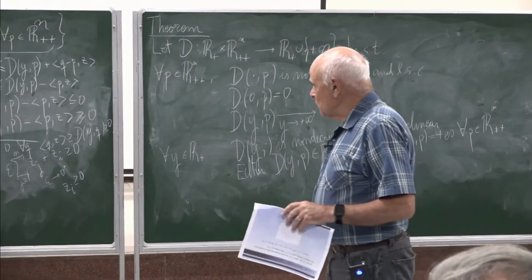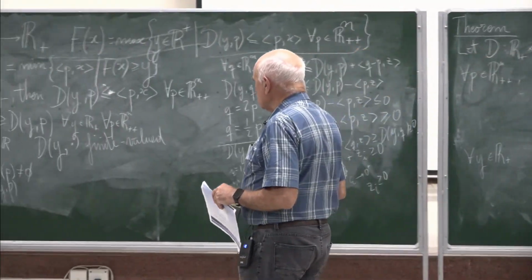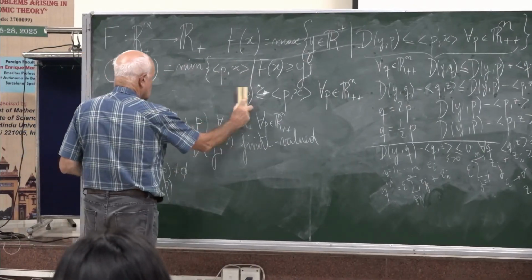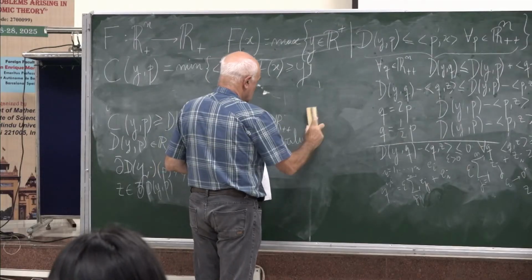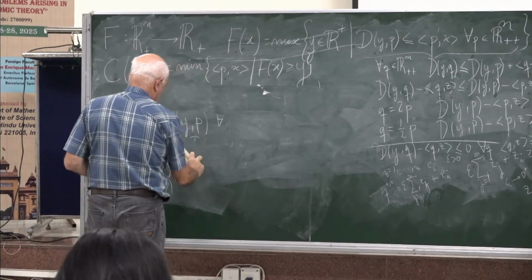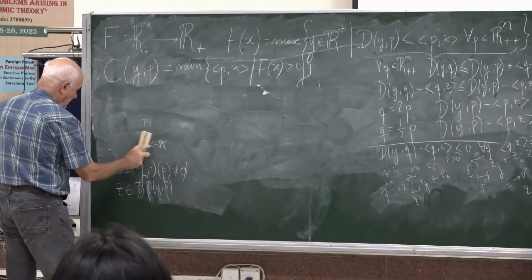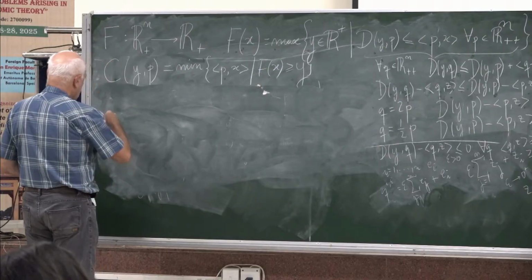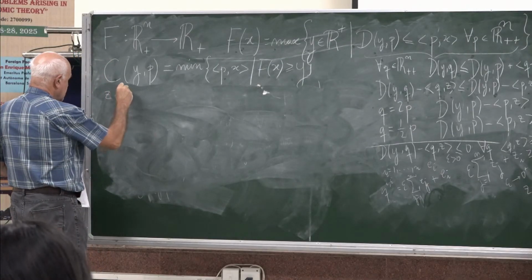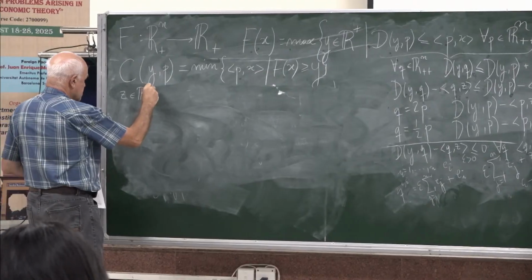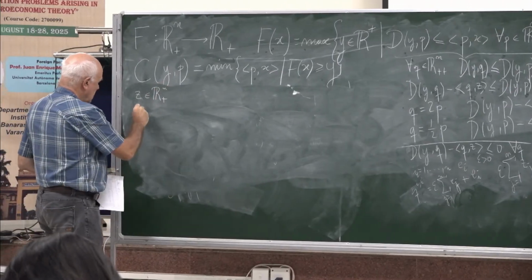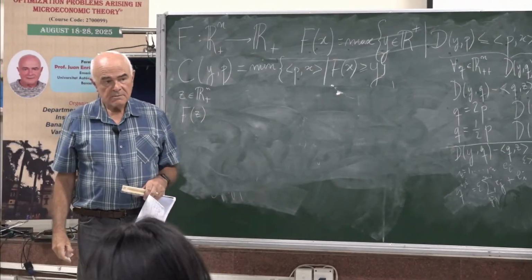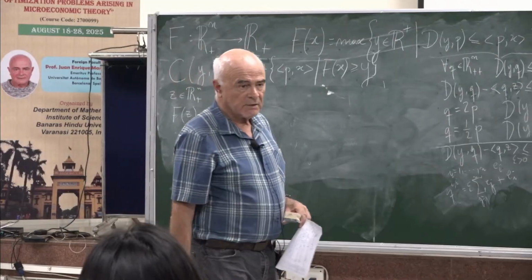Well, so now that I know that z is in R plus n, has non-negative components, I am allowed to consider f of z. f was only defined on the non-negative orthant.